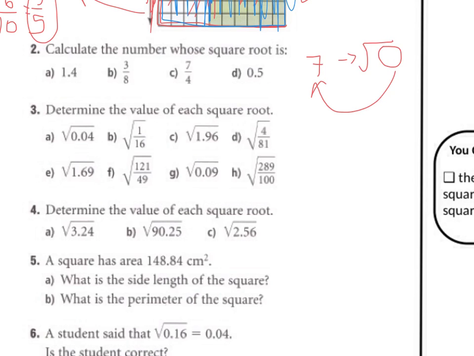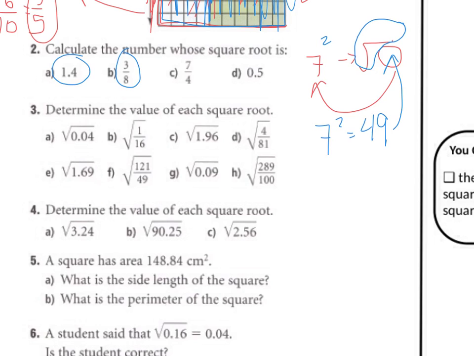Well, the opposite of the square root is a square. So we just go backwards. So 7 squared gives me 49, and this 49 is what goes inside here. So essentially all we're going to do is take these numbers and square them, and we should be able to get our answers.